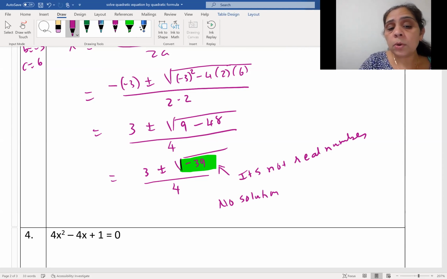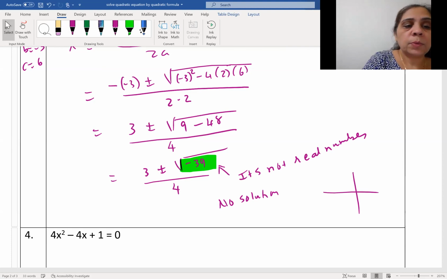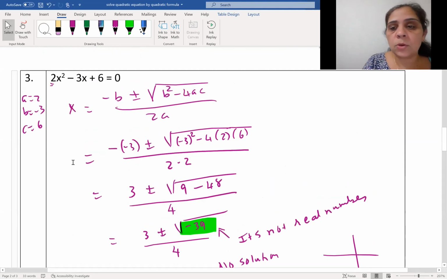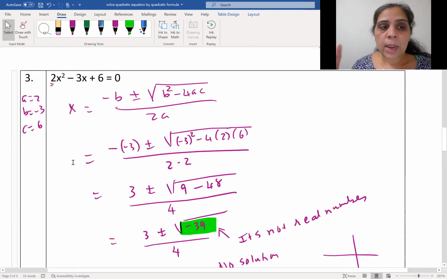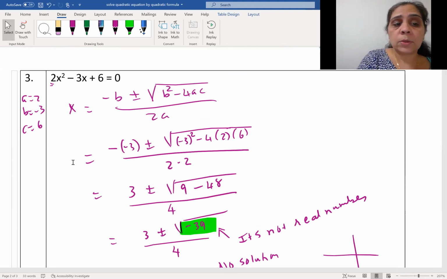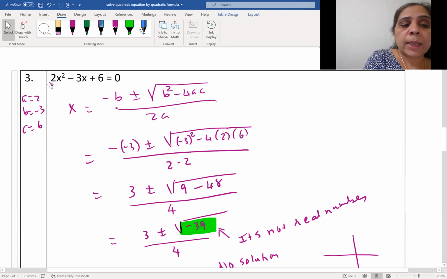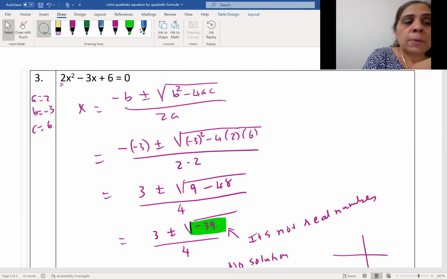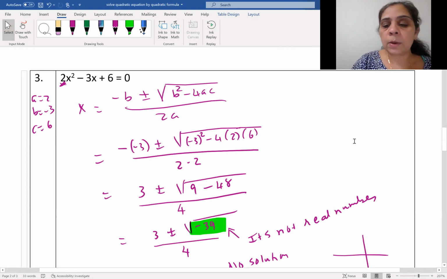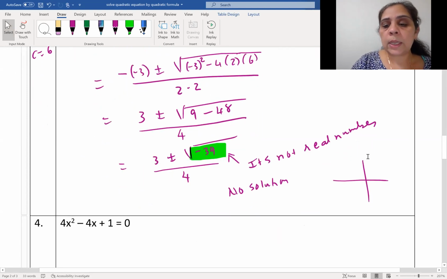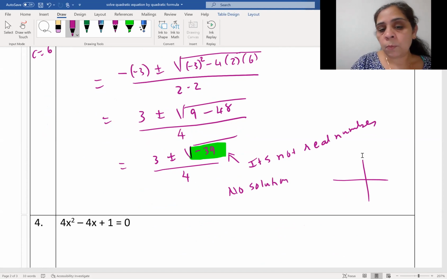If you draw the graph of this, here we have the leading coefficient. You can watch my video for finding the vertex of a quadratic equation. So you know my graph opens upward. See, my A is positive, so the graph opens upward.